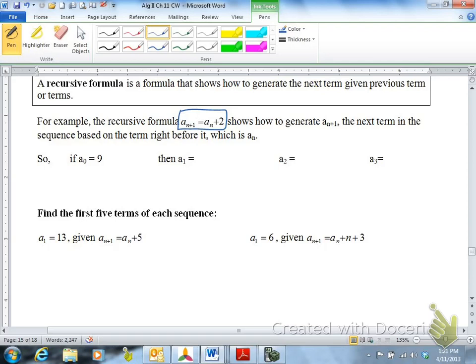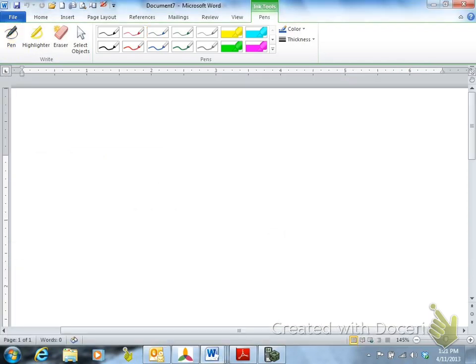So a sub n plus 1 is the next term. A sub n is the term before it. In general, just to get used to the notation, if you have some number like a sub 1, the term after it is a sub 2, a sub 3. The term before a sub 1 would be a sub 0. What about a sub n?